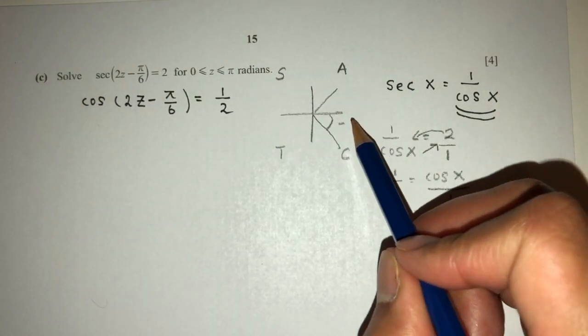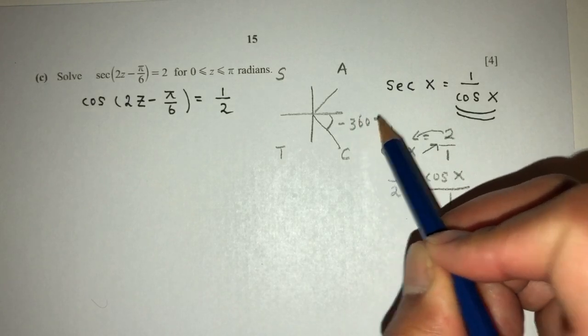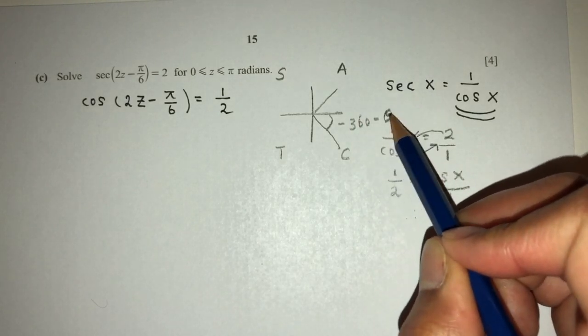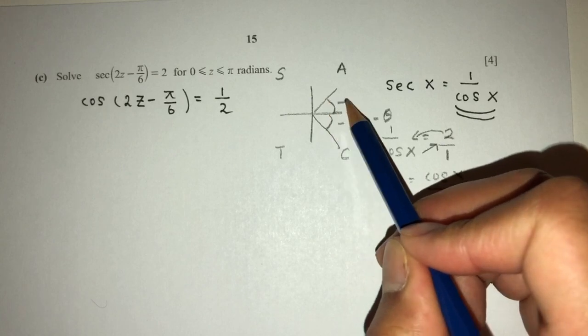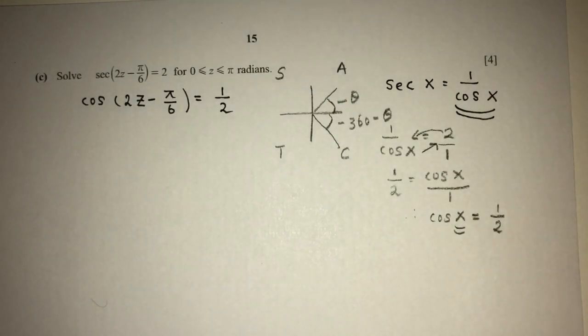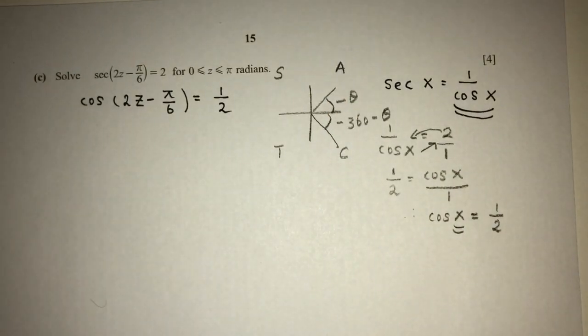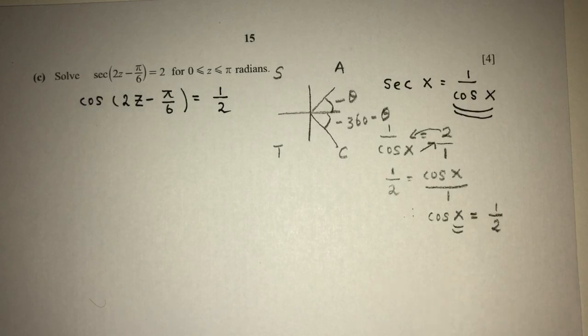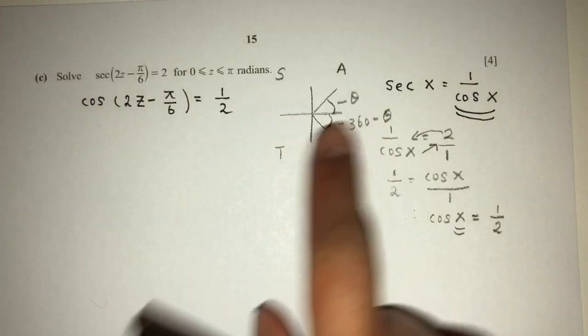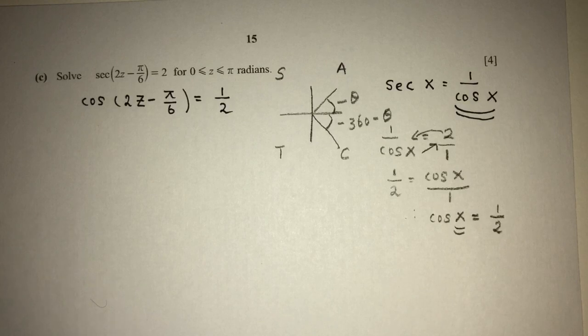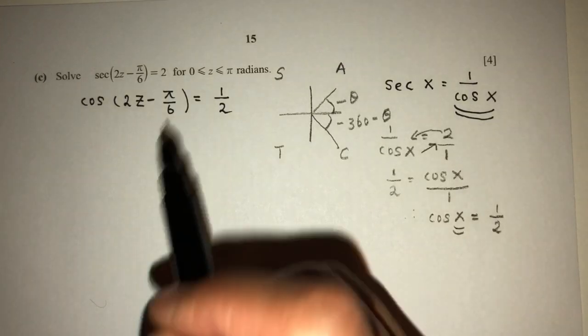This will be 360 minus the angle, and then this will be just the angle itself, for example. Now, I don't want you to be confused. Here it is not negative. I'm not using the method as before. It is just a way of writing for now. Anyway, let's move forward with this.